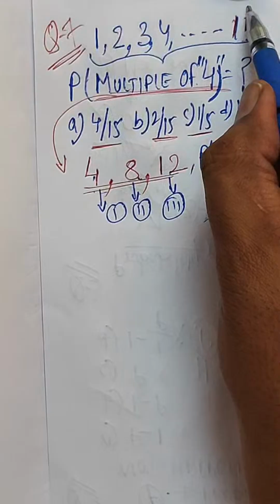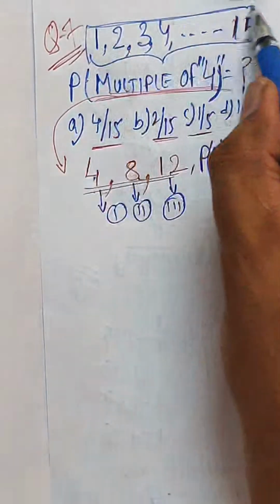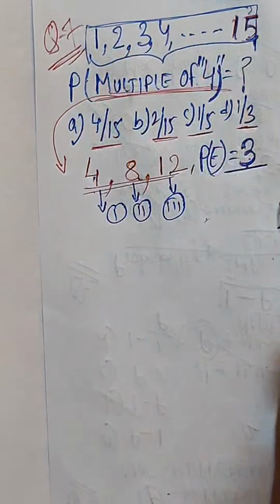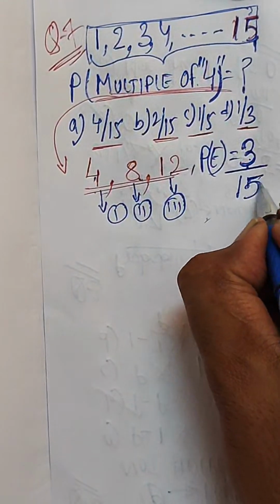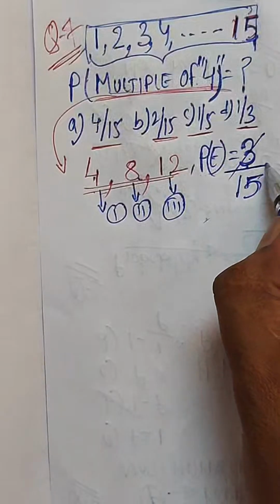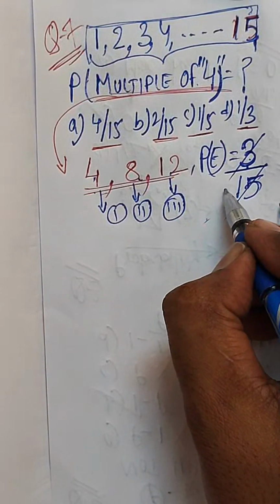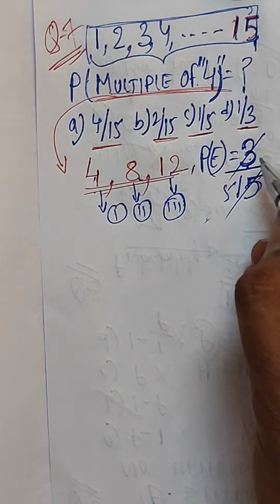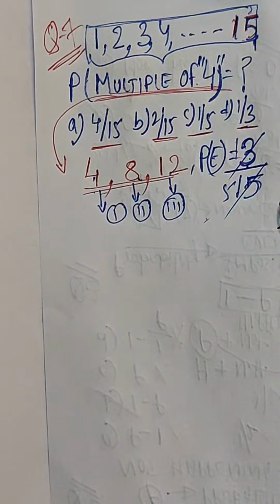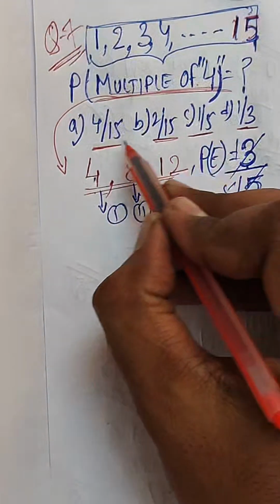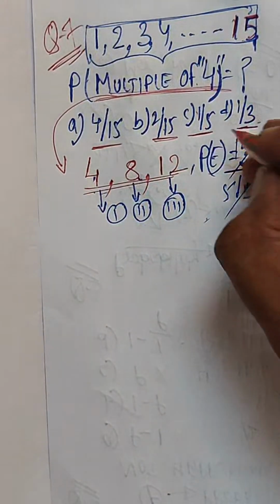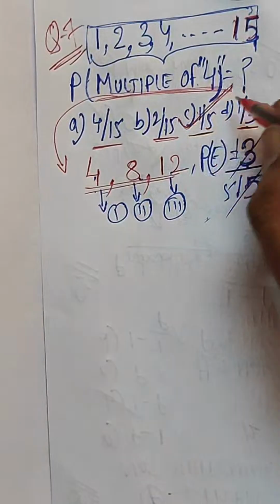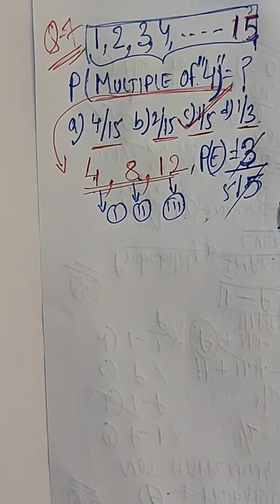The total numbers given to you is 15. So 3 by 15 is your answer. When you divide it, you will get 1 by 5. So which is the correct option? 4 by 15, 2 by 15, 1 by 5 or 1 by 3? Definitely 1 by 5. So option number C is the correct option.